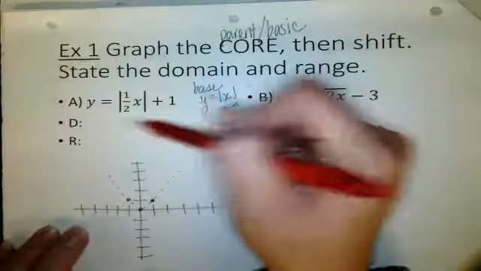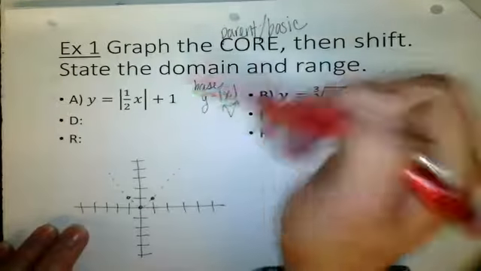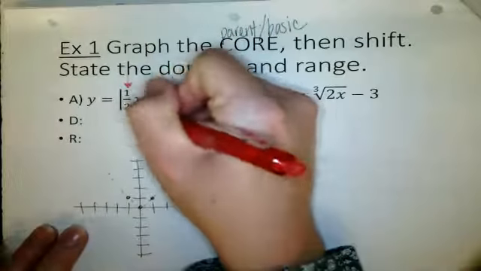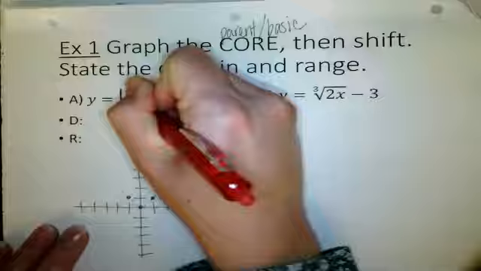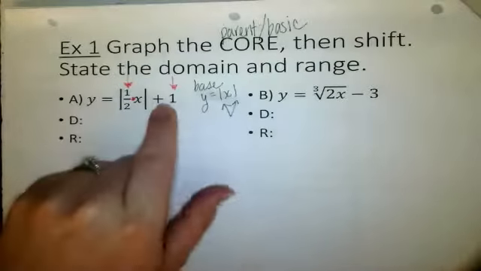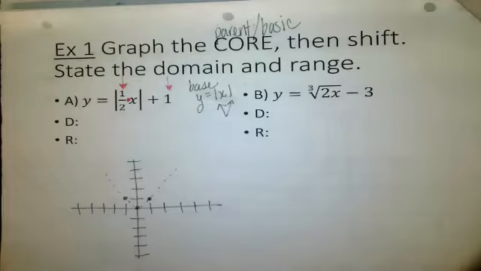How many transformations, how many changes do you see with this equation? 2 changes, sure. We have this 1/2 in there, and we have the 1. And when I look at this 1/2, this is 1/2 times x, all right? So we have a product here, multiply, versus addition or subtraction. Which one do you suppose we need to do first? The 1/2, because that's a product, so we have to worry about multiplying before we do any adding or subtracting, okay?